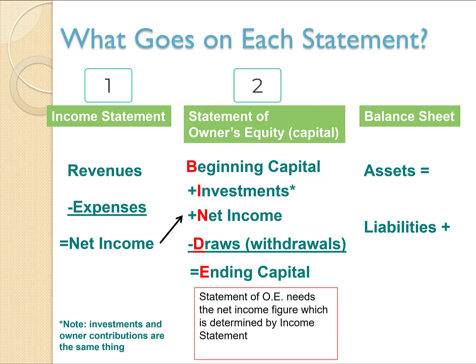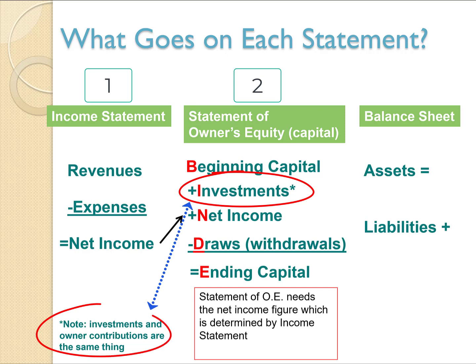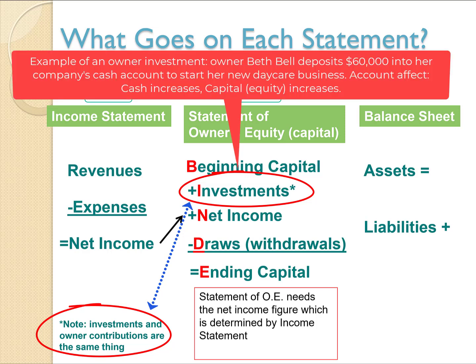Now it's important to note that I will probably be calling these owner investments, but the book often calls them owner contributions. Just realize that owner investments and owner contributions are the same thing. The owner is taking something from their personal life, like their cash, and they're putting it in the business, and therefore it becomes a business asset. So then cash would go up for the company, and then the capital account would go up for the company.